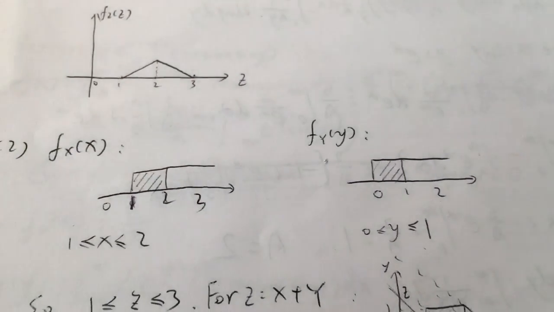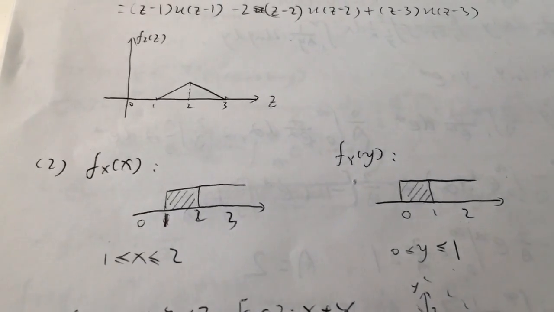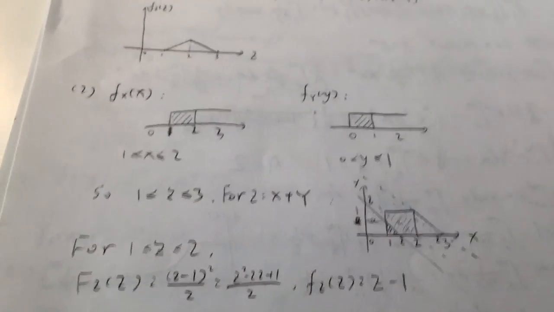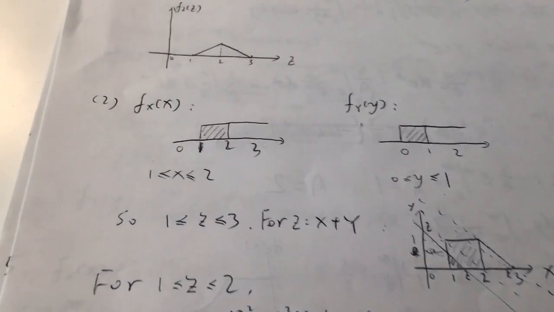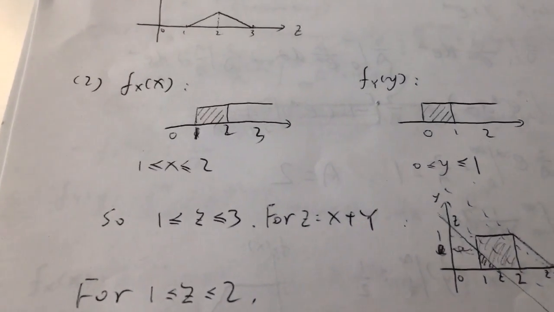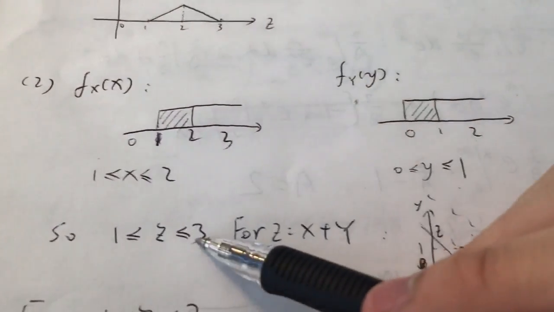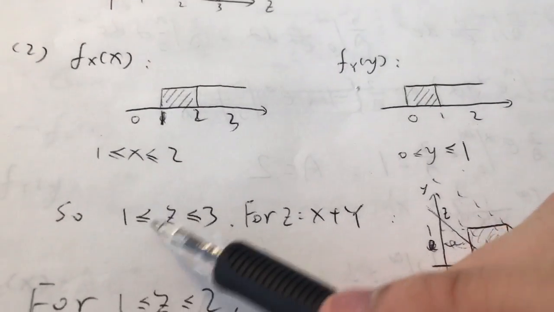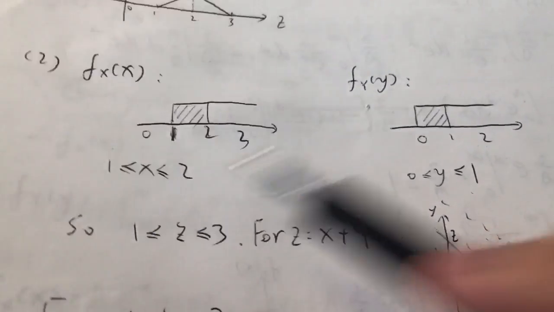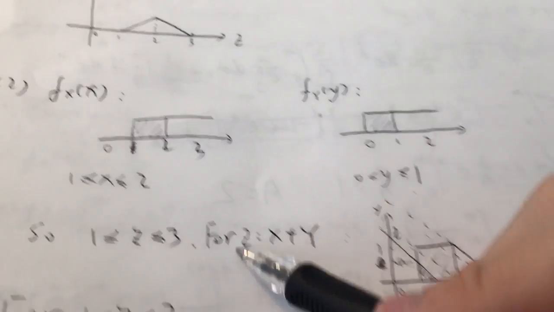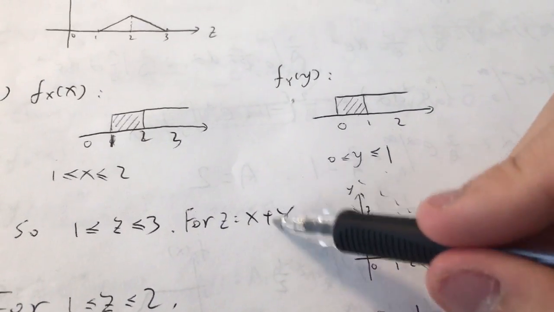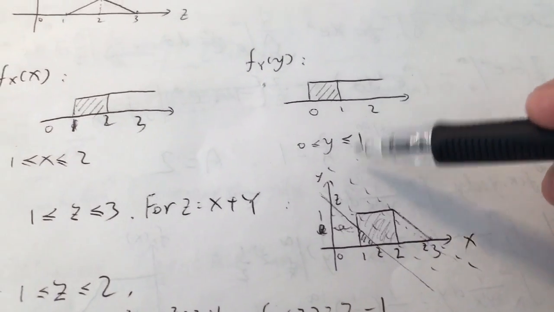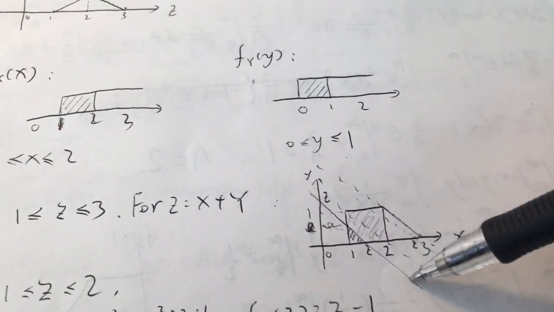That's the interval of y. Because z equals x plus y, z should be no less than 1 and no more than 3. So we have this picture.